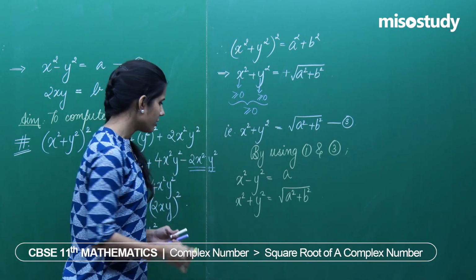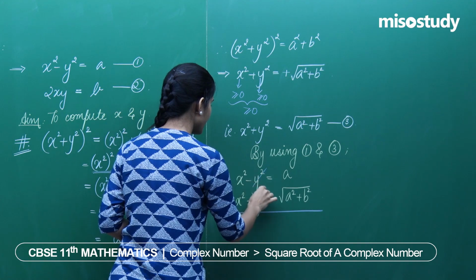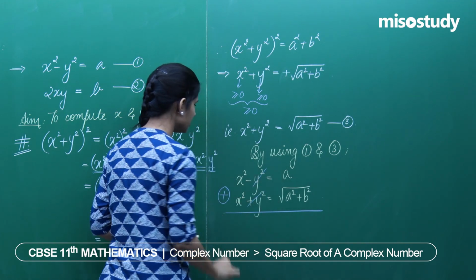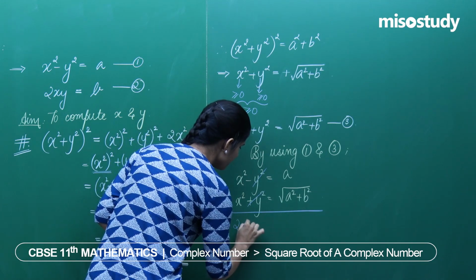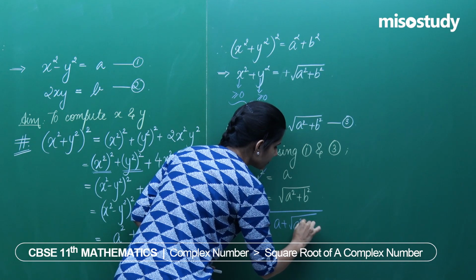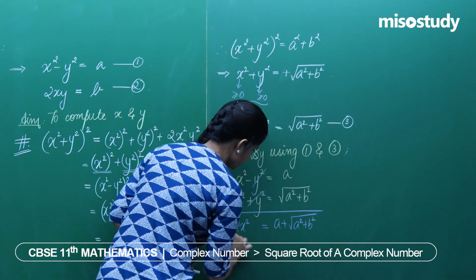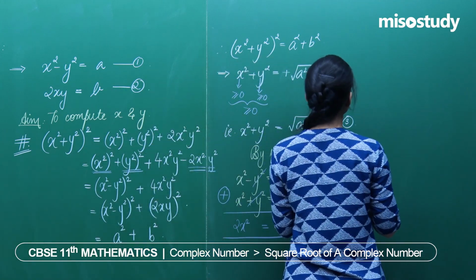So I have written equation 1 and equation 3. I know how to solve this. If I add, what do I get? x square plus x square gives me 2x square. This is 0. This is a plus root over a square plus b square. So you have got your x square.